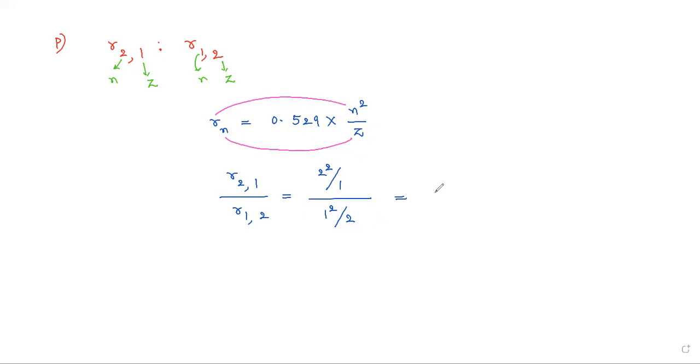What would it be? 4 into 2, that is 8. 8 is to 1. Okay. So for P, the answer is 8 is to 1. Then let us go for the velocity in a similar way.